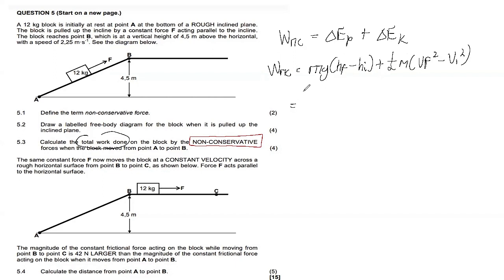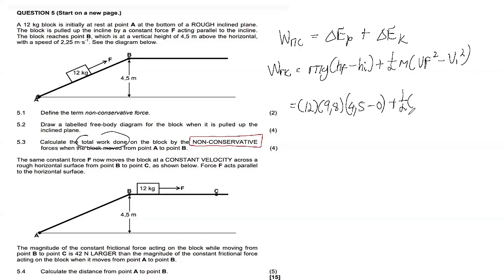So we have our mass as 12, and then we have our gravitational acceleration of 9.8. The height finally, remember, is from point A, from a 0 height all the way to 4.5. So that's 4.5, and initially the height was 0, and then we have half.